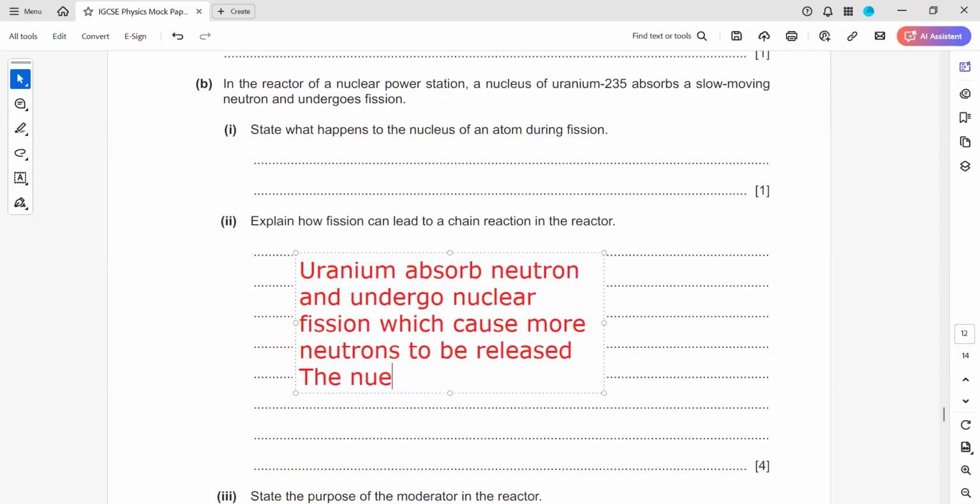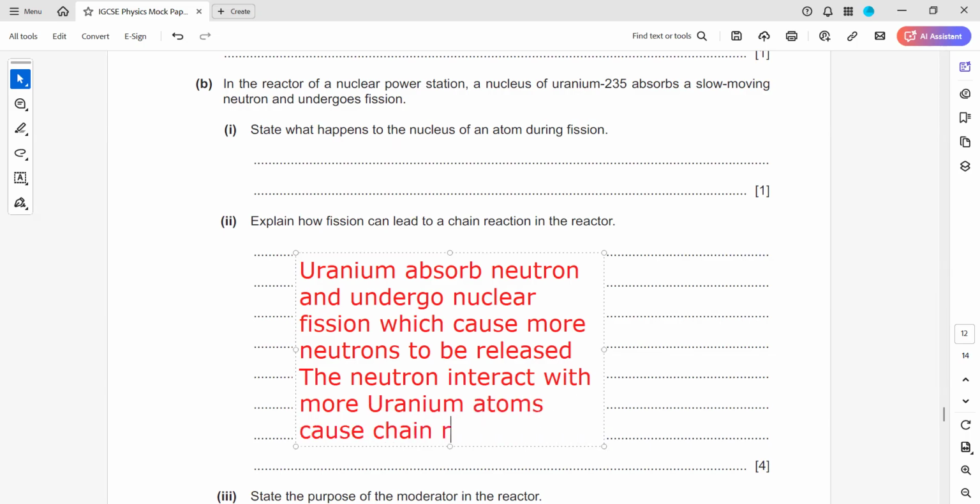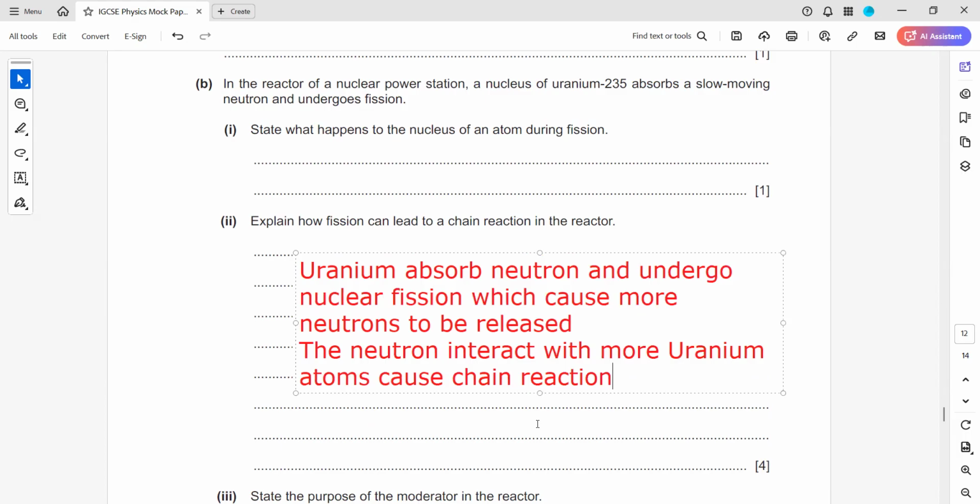The neutrons interact with more uranium atoms and cause the chain reaction. So this is the structure of an answer.